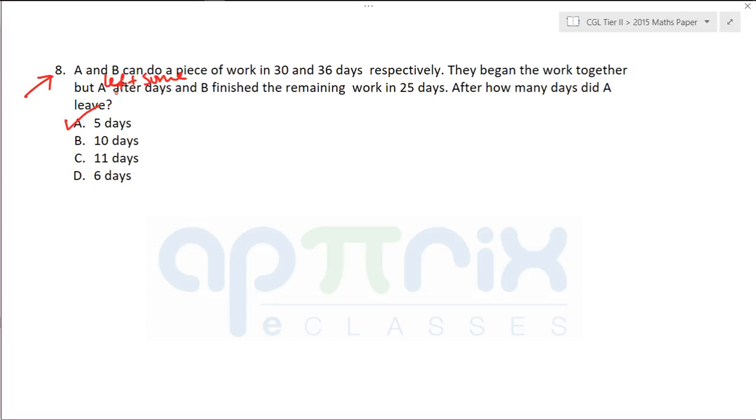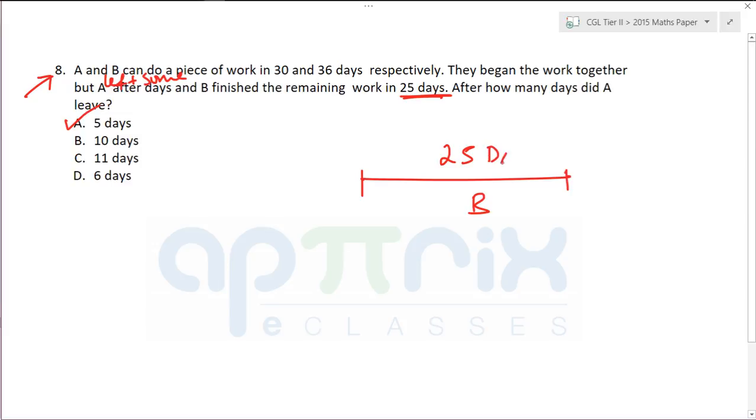Two things I'm going to ask you all, understand please, that this remaining work is completed by B in 25 days, right? So B is completing the remaining work in 25 days. So how much work was done before by A and B together must be nothing but B's 11 days work.